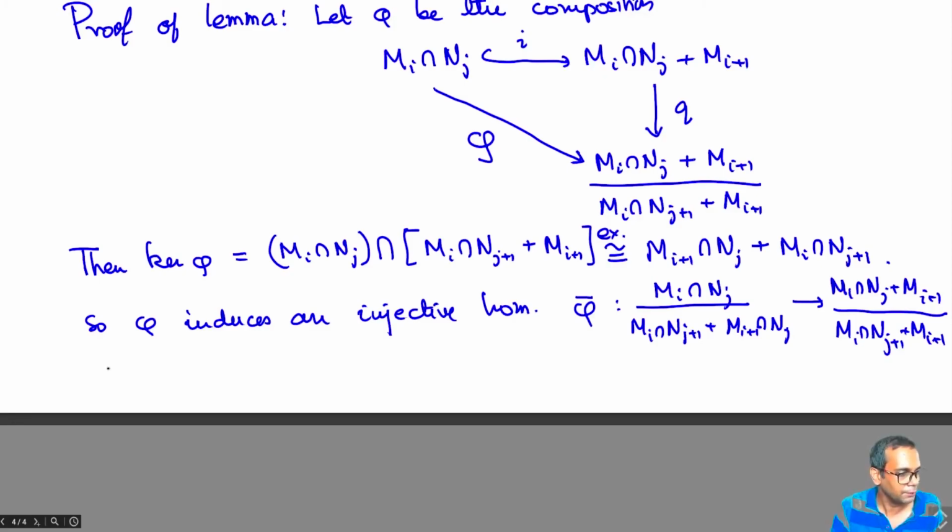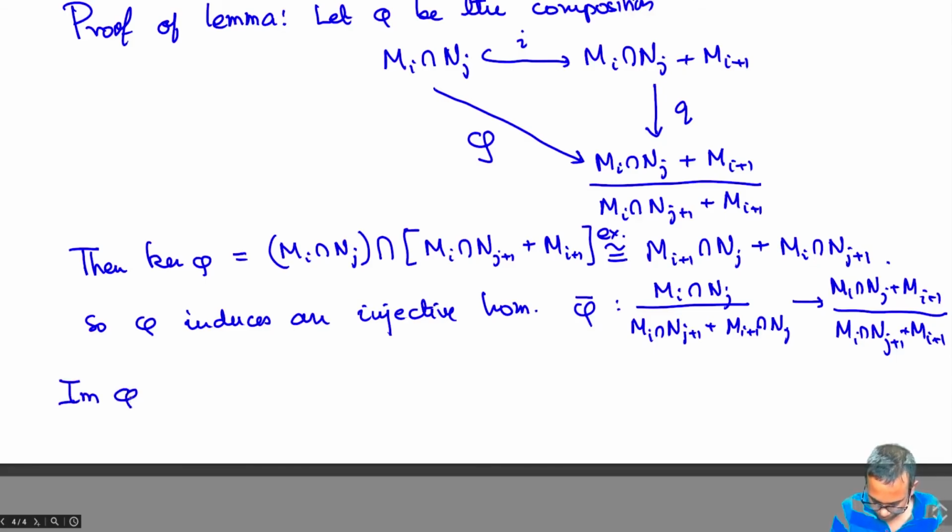The image of phi bar is, so phi bar is surjective just because phi goes onto this. The image of phi bar is the image of phi. Okay, so we need to check that this is contained in the image of this.